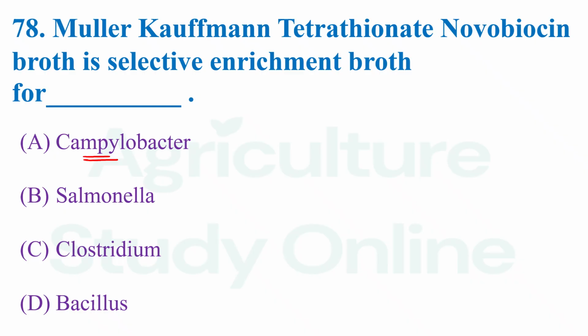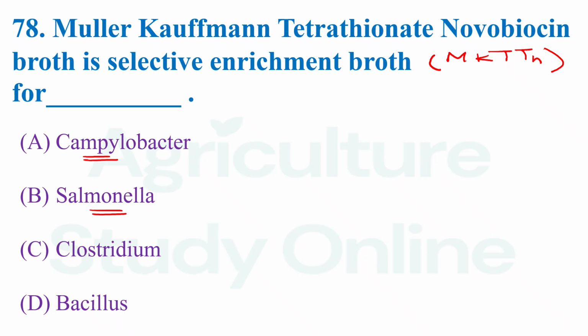So it grows on special selective media like Skirrow agar, not this MKTTn broth. Next, Salmonella. So this is the correct option, since it's a selective enrichment medium for Salmonella. The tetrathionate inhibits the coliforms and enhances Salmonella growth.